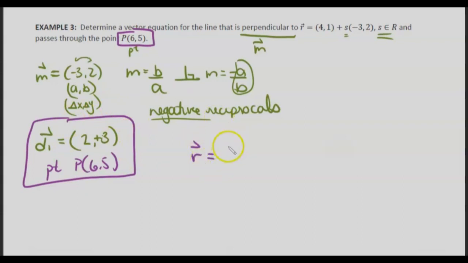Vector r equals, we write the point first, which is (6, 5), plus some parameter. You can say s, you can say t, it doesn't matter. I do like t. And then we're going to put our new direction vector, which is (2, 3). And we can always say t is an element of the real number system.